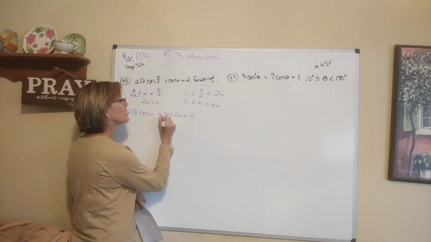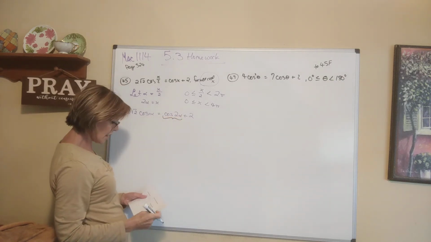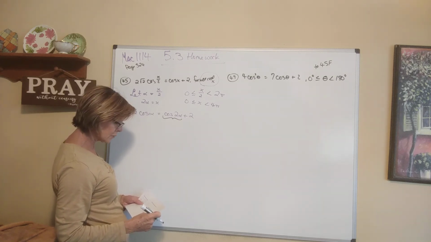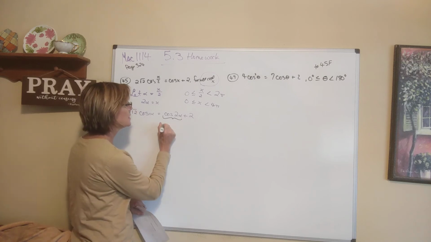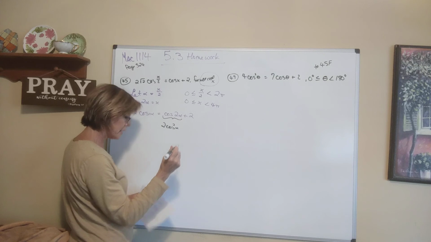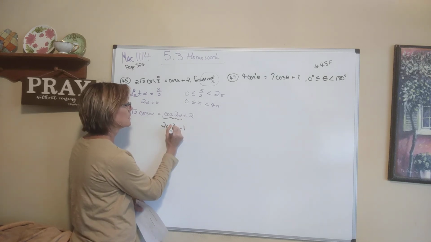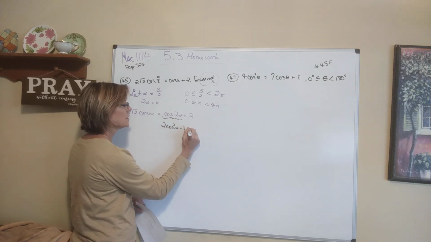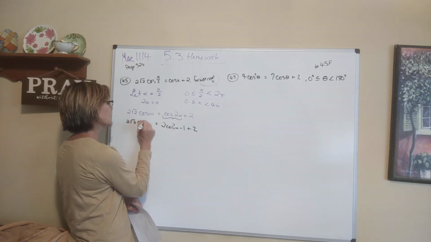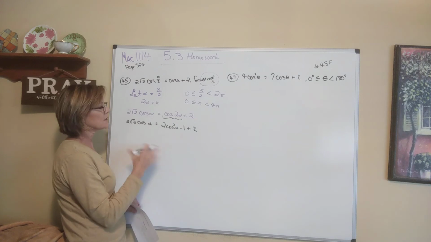I'm going to use the fact that cosine of 2 alpha is equal to 2 cosine squared of alpha minus 1. So that's this substitution, plus 2 is equal to 2 square root of 2 times the cosine of alpha. Okay, now I need to solve this equation.